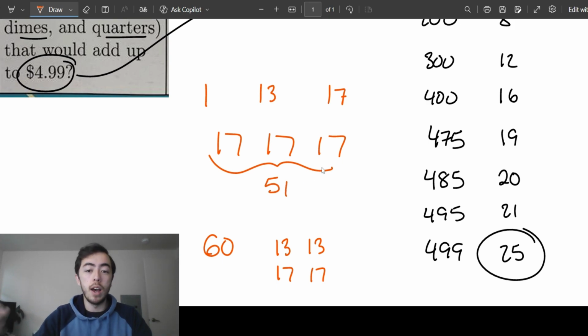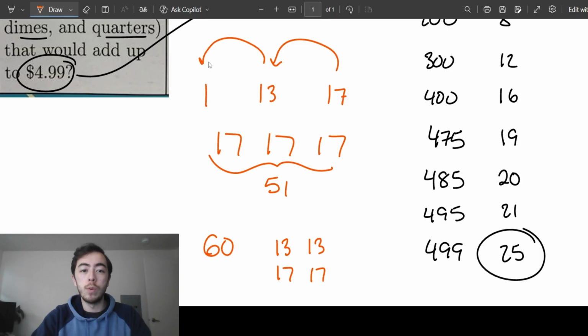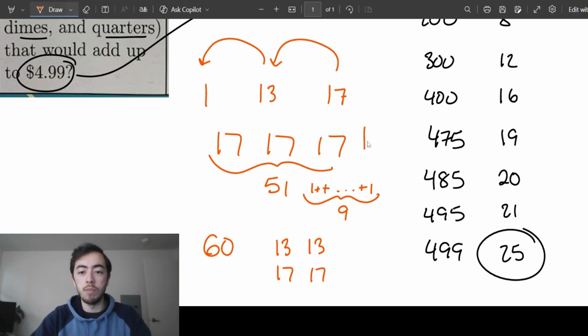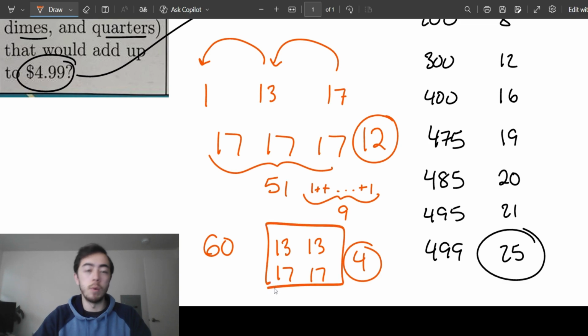And at this point, I can no longer add another 17, nor can I add a 13 because I do go over 60. So I would be forced into adding on 9 ones. So with this greedy algorithm, I had 3 17-cent coins and 9 1-cent coins. So overall, this strategy gave me a 12-coin solution when 4 is the most efficient.